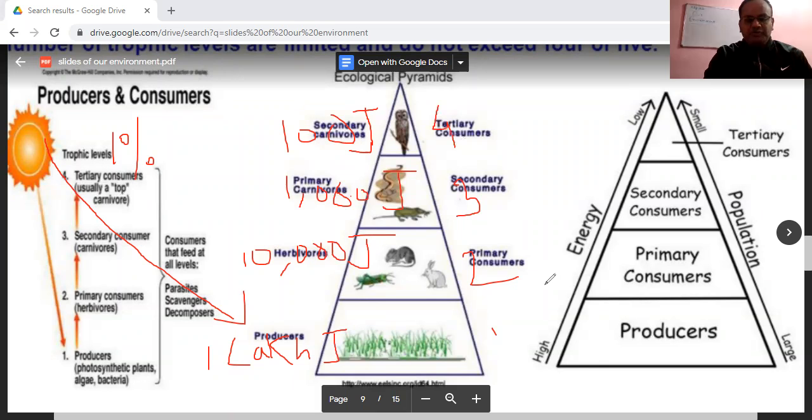Why is it having only about 4 trophic levels? Very good, because no energy will be available for further transfer.